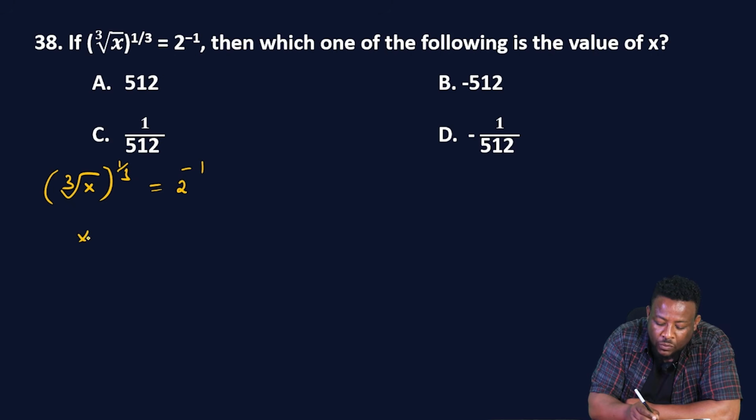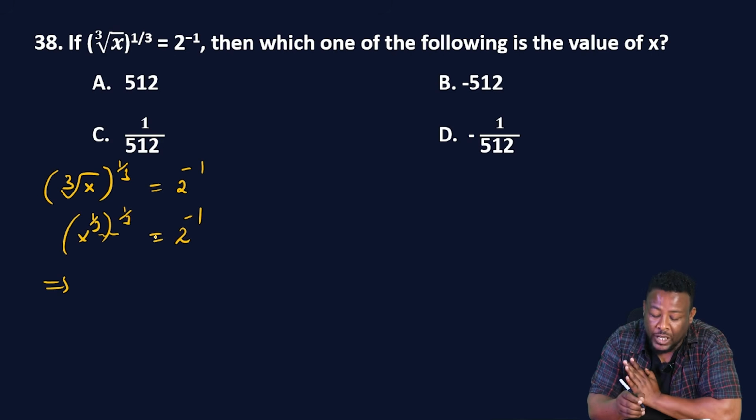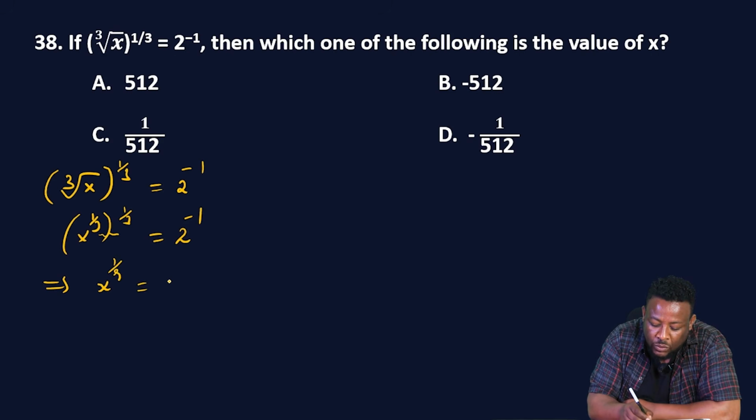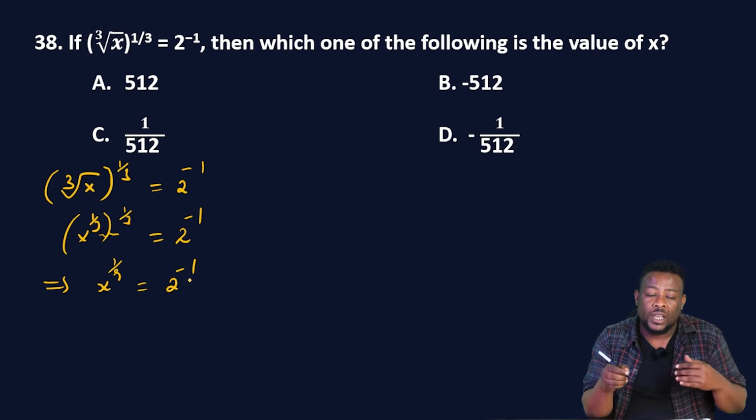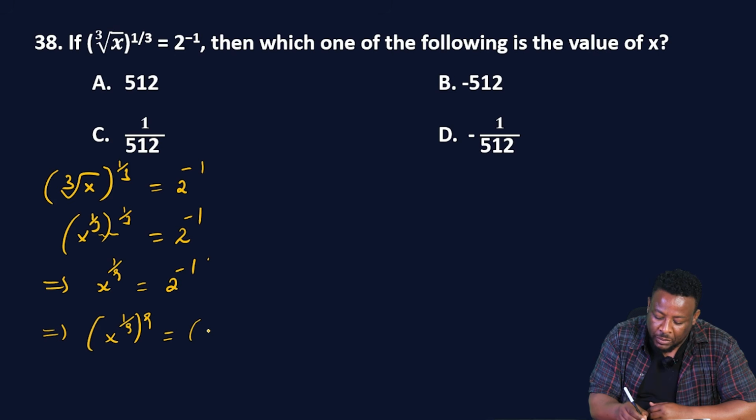So cube root of x ማለት x the power of 1 over 3 ማለት ነው, the whole to the power of 1 over 3. This is equal to 2 the power of -1. So ይሄንን እንዴት ልንጽፈው እንችላለን? We can multiply the powers using the property of exponents. So ምን ይሆናል: x the power of 1 over 9 is equal to 2 the power of -1. So የxን ዋጋ ለማግኘት you can raise both sides to the power of 9. So x the power of 1 over 9, the whole to the power 9, must be the same as 2 the power of -1, the whole to the power 9.